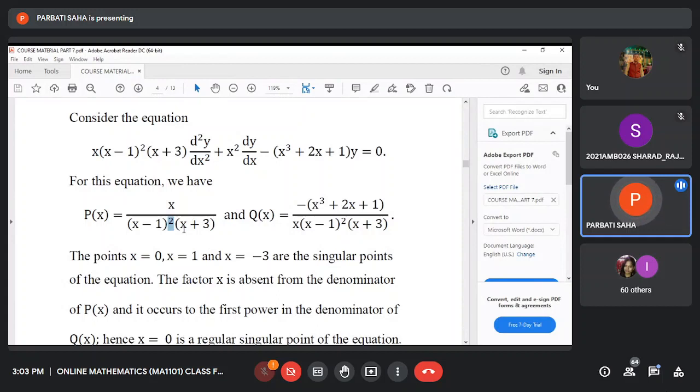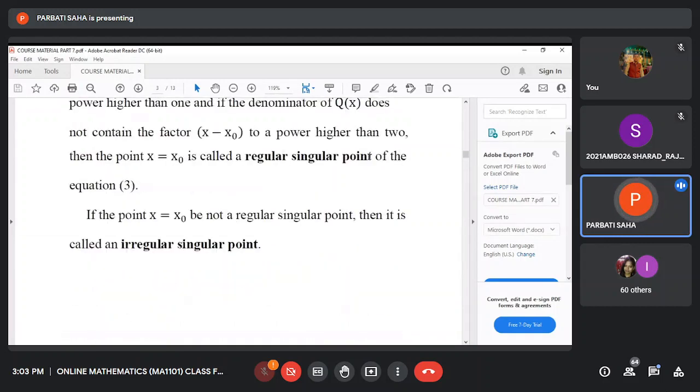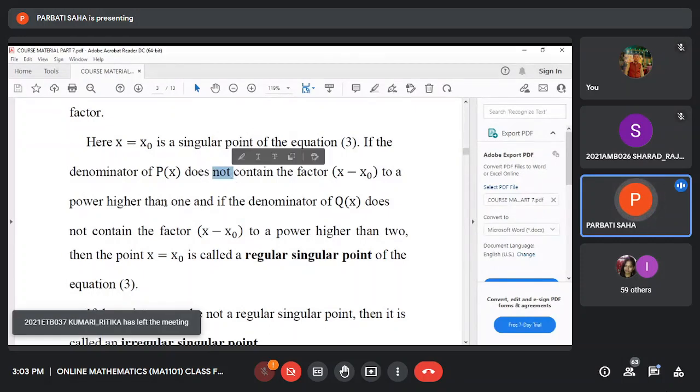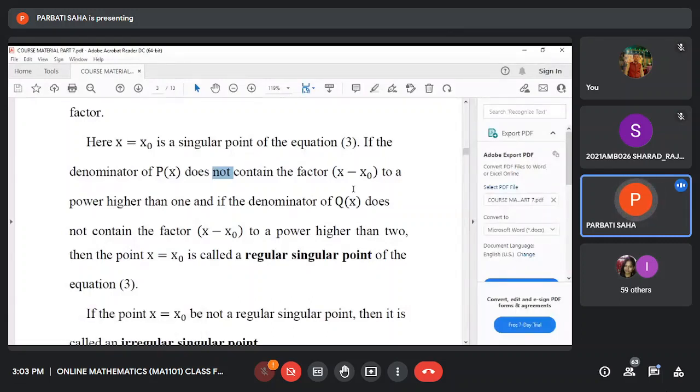What about x plus 3? Here the degree of x plus 3 is less than or equal to 1. The first condition is satisfied. Again, in the denominator of q(x), the degree of x plus 3 is less than or equal to 2. I think it will be clear to remember it in this way: the power of x minus x0 should be less than or equal to 1. It does not contain the factor x minus x0 to a power higher than 1. That means it contains the factor x minus x0 to a power which is less than or equal to 1.